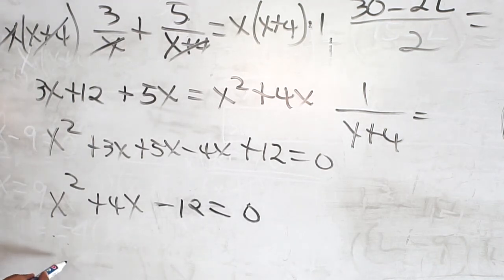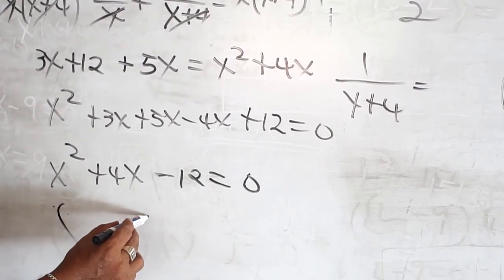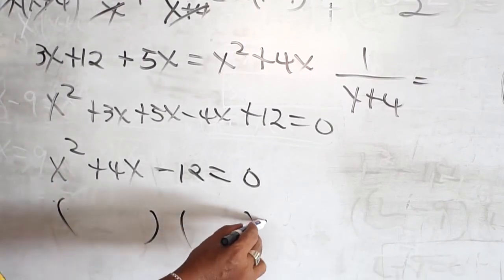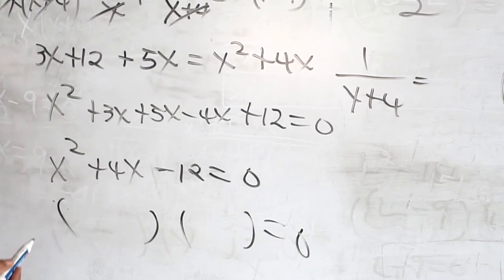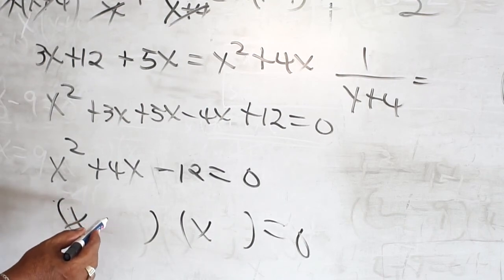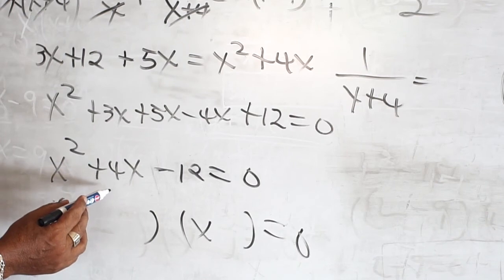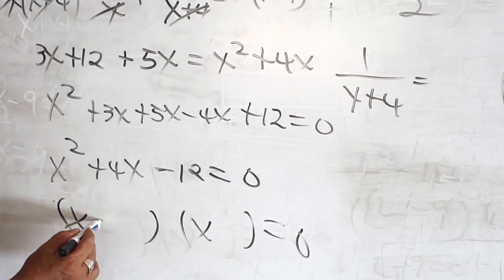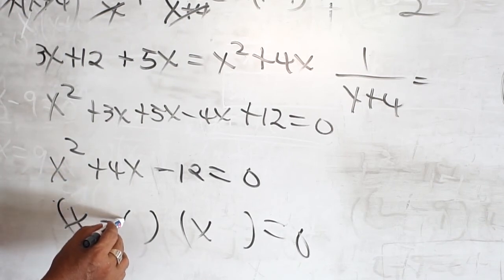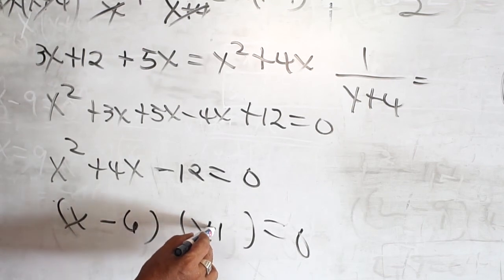Write two adjacent parentheses with x and x. The two factors of negative 12 whose sum is positive 4 are negative 6 and positive 2.